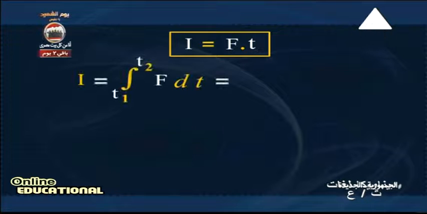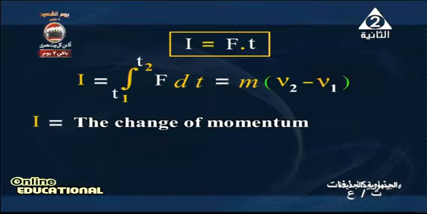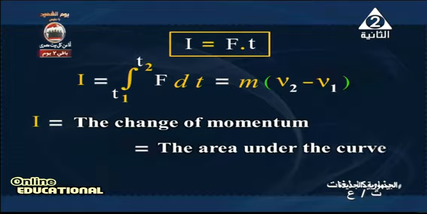Then I equals the definite integral of the force F with respect to time t from t1 to t2, which equals m, the mass of the body, multiplied by v2 minus v1. m times v2 minus v1 is the change in momentum. Then we can use this relation: I equals the change of momentum equals the area under the curve.